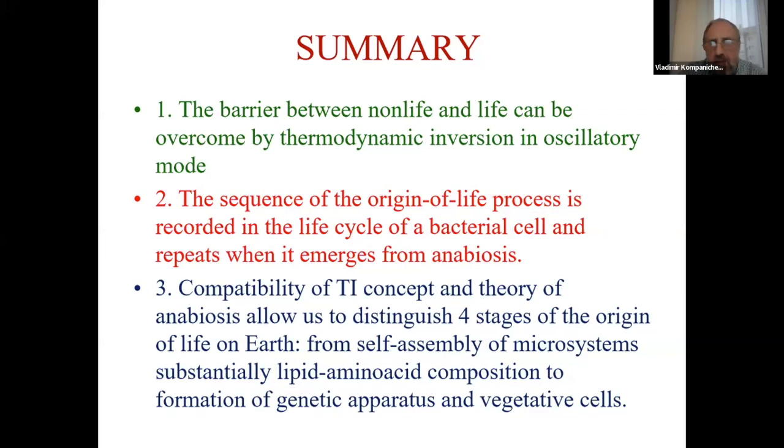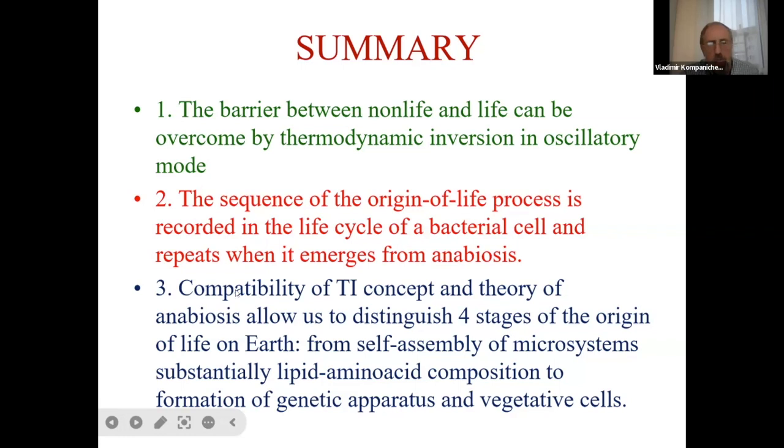The origin of life, the transition from non-living prebiotic microsystems to life, can be overcome by thermodynamic inversion in oscillatory mode. Second, the sequence of the origin of life process is recorded in the life cycle of a bacterial cell and repeats when it emerges from anabiosis.